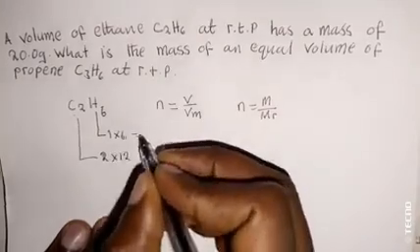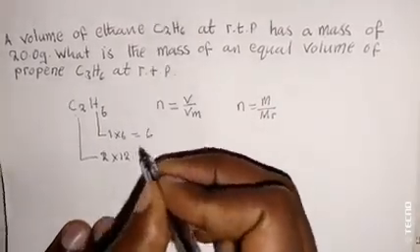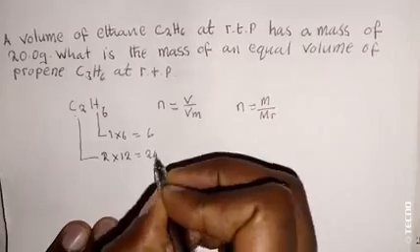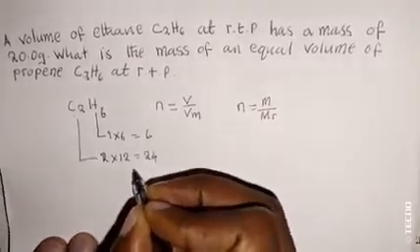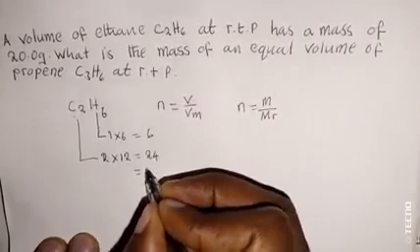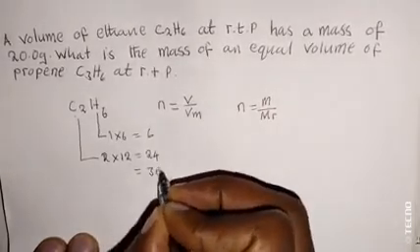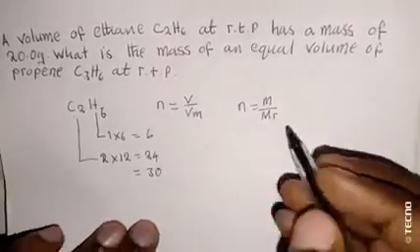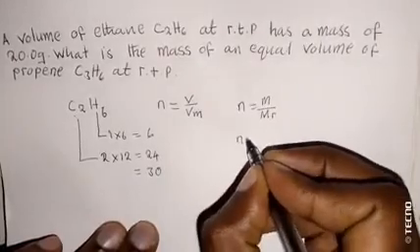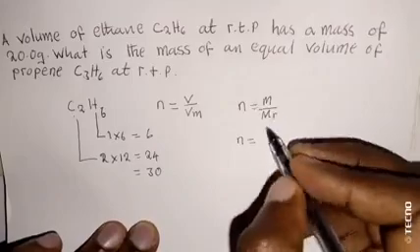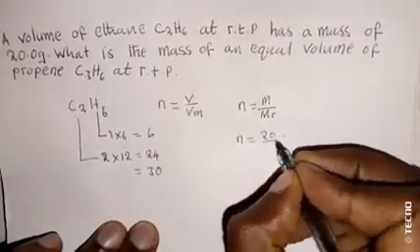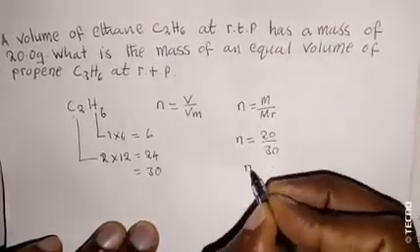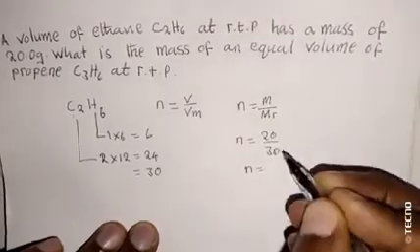Once you compute this, you are going to have 6 here and 24 there. When you add these two, you get 30. Then we replace here: n is equal to mass, which is 20, over Mr, which is 30. When you use a calculator, this divided by this.